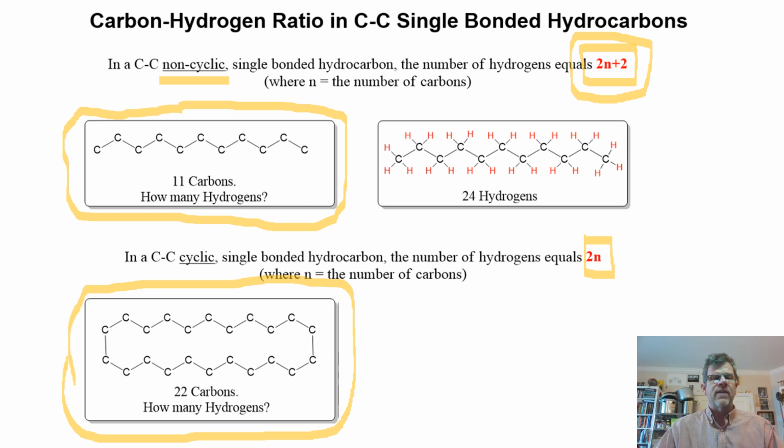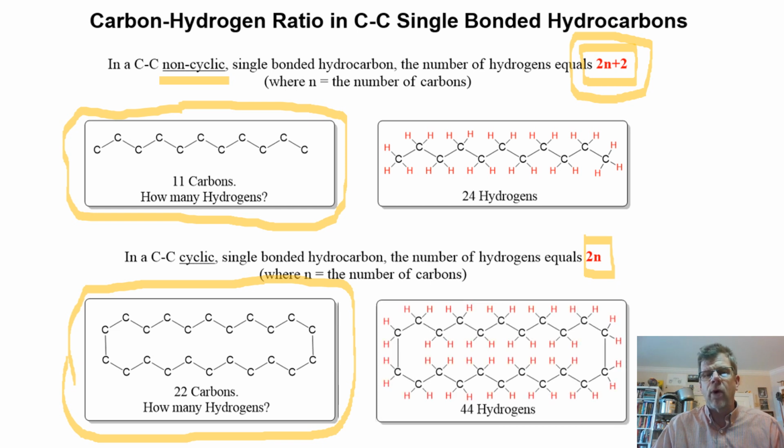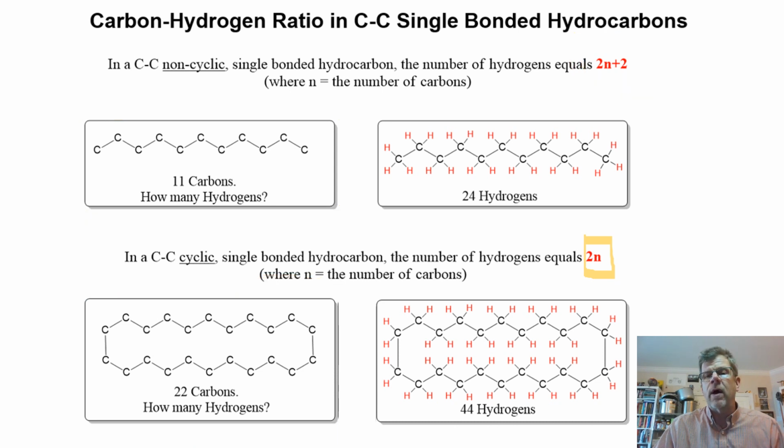So on this example here, if I had a cycle of 22 carbons, or any structure of 22 carbons with somewhere one cycle in it, I'm going to have 44 hydrogens, because that's 2 times 22 equals 44. So in both of these cases, as long as we recognize that we have either a non-cyclic or a cyclic system, the number of hydrogens on these carbons becomes elementary.